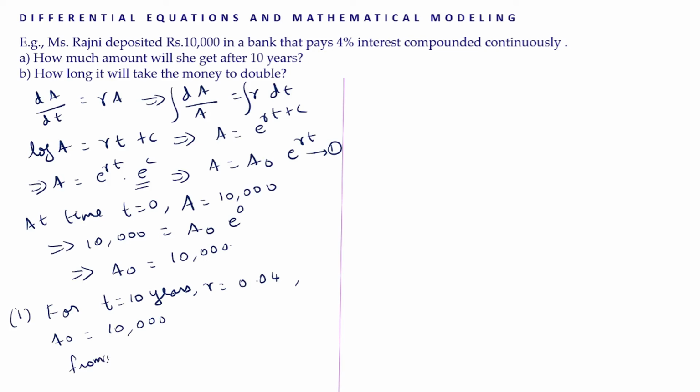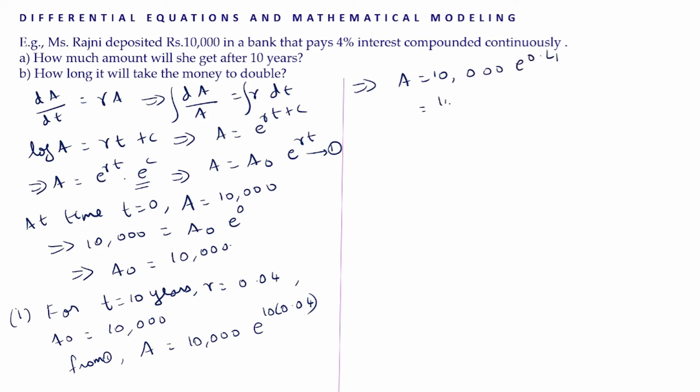From 1, we have A is equal to 10,000 into e raised to 10 into 0.04, or A equal to 10,000 into e raised to 0.4.